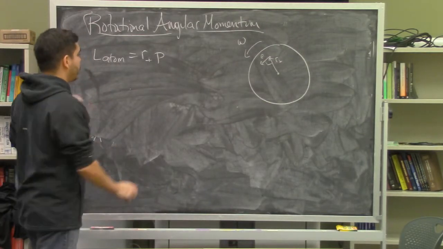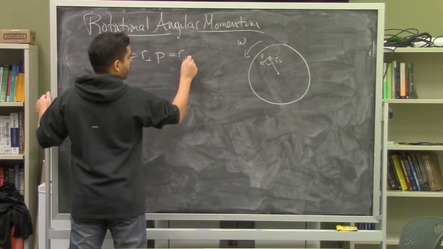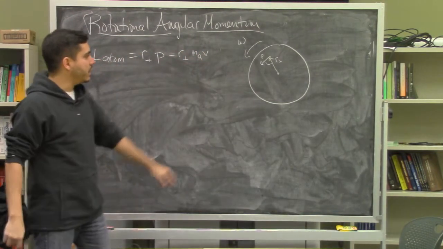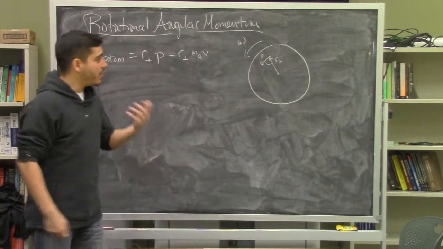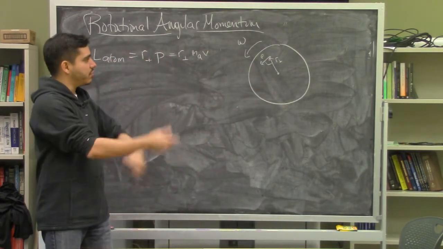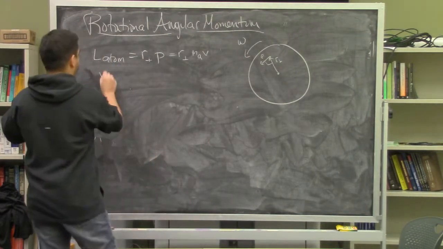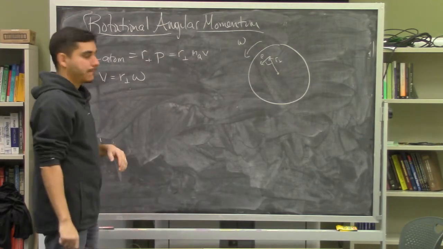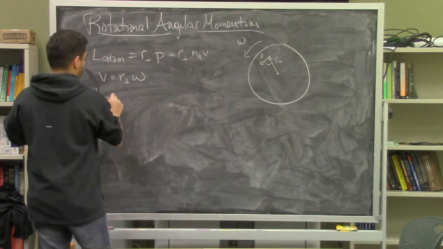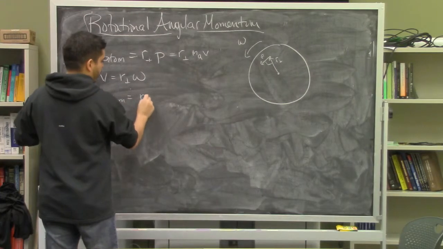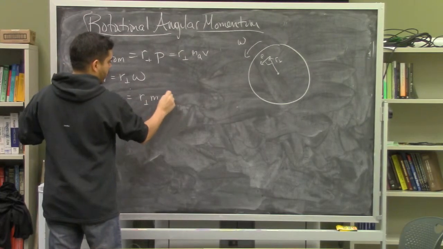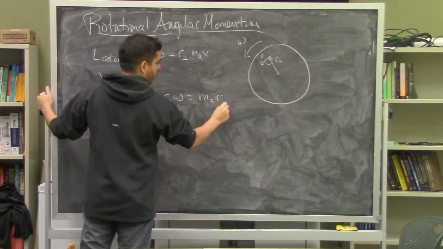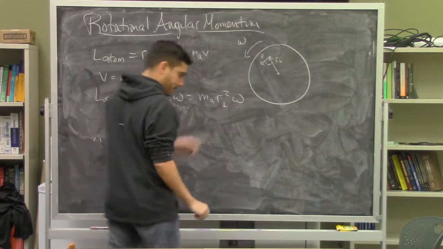Now, what is the momentum of this atom? Momentum of the atom is going to be the mass of the atom times its linear velocity at this location. Now, if the whole disk rotates with an angular speed omega, then that velocity is r perpendicular times omega. And so what we have is an angular momentum of the atom, which is equal to r perpendicular times the mass of the atom times r perpendicular times omega, which we can rewrite as the mass of the atom times r perpendicular squared times omega.